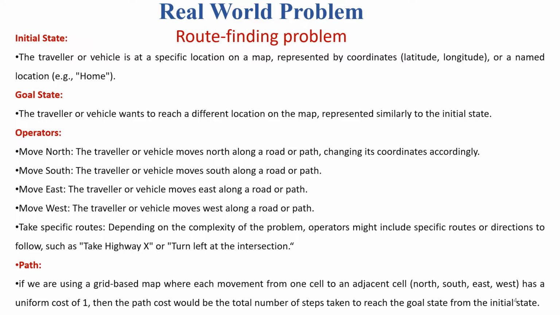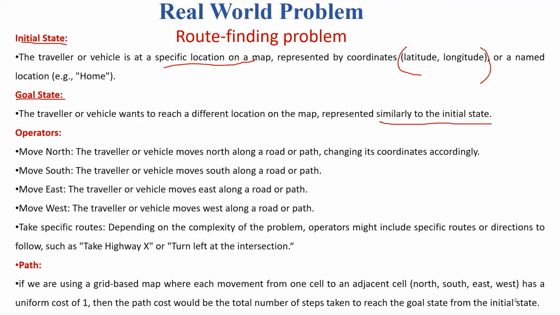Here, it shows the example for the previous four: initial state, goal state, operators and path. Initial state is going to tell you some specific location on a map, for example, the coordinates, latitude and longitude, or some named location. For a goal state, it is going to specify that the traveler or vehicle wants to reach a different location, represented similarly to the initial state.